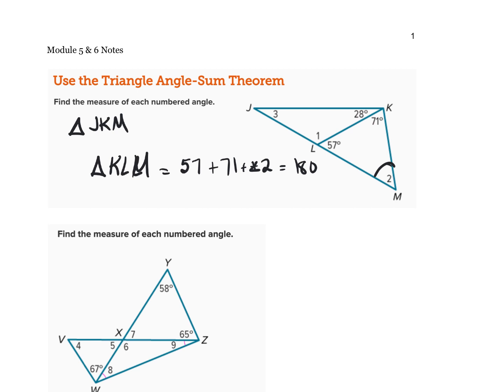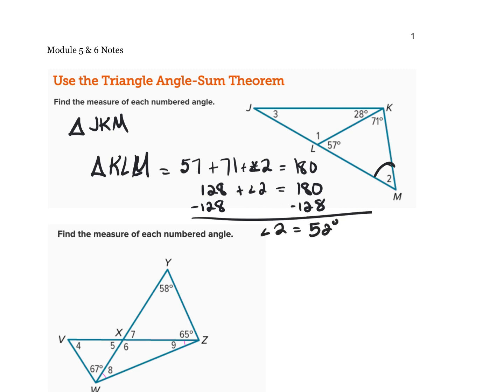And this we can solve. If I add 57 and 71, I get 128, plus the measure of angle 2 is equal to 180. And then to find the measure of angle 2, I subtract 128 from 180, and so angle 2 is equal to 52 degrees.